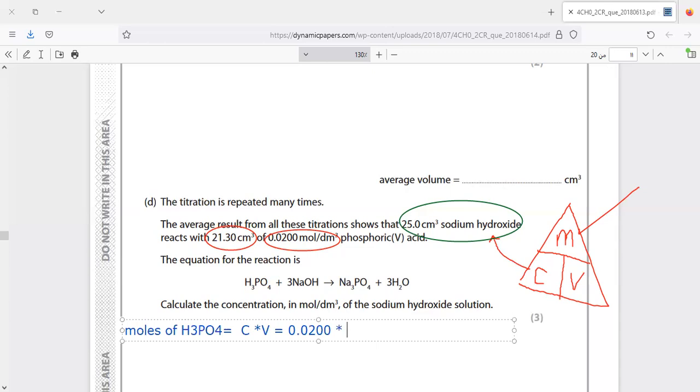What is the volume of phosphoric acid? 21.30 divided by 1,000. Make the division first in your calculator: 21.30 divided by 1,000 equals 0.0213.